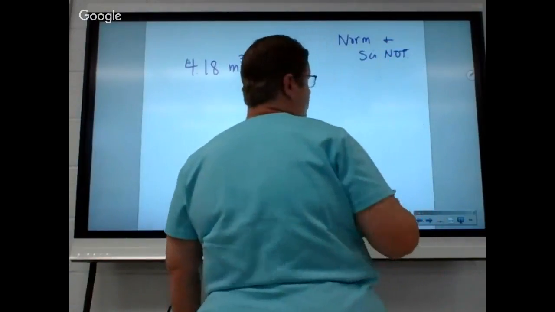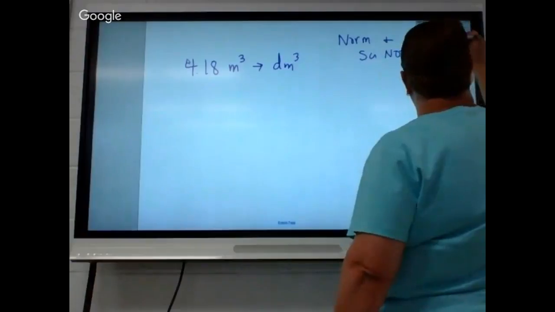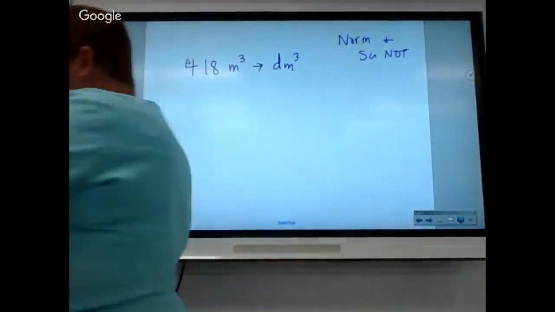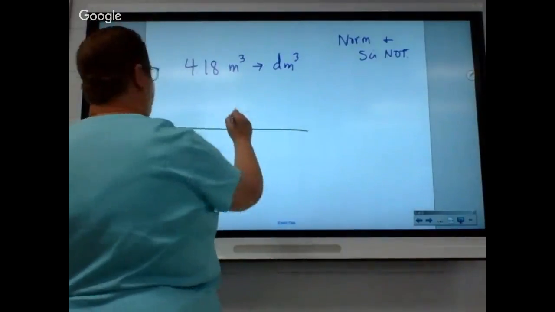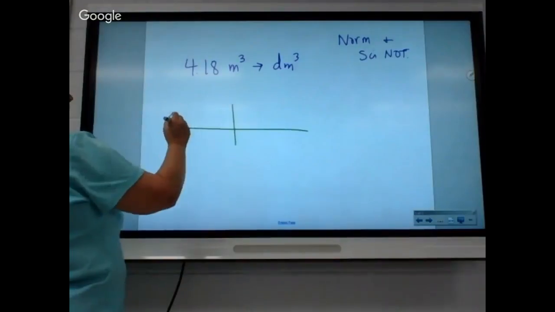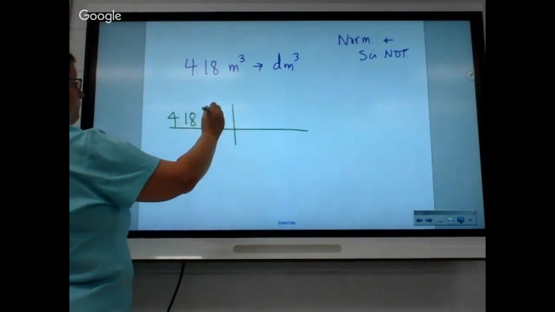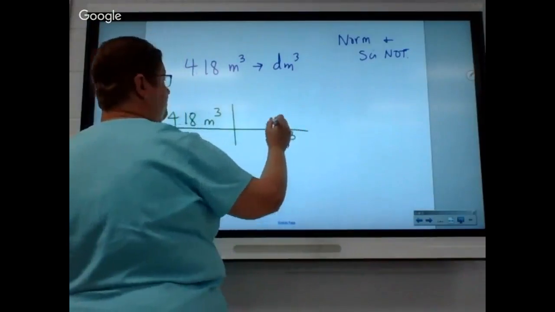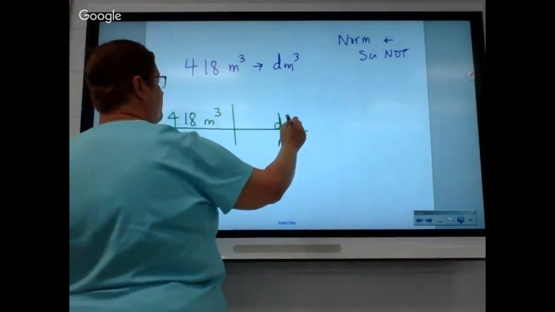Okay? So, how do we set this up? What do we do? On the bottom, m cubed. On top, dm cubed. Okay.